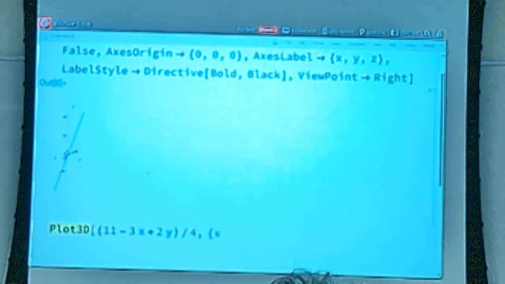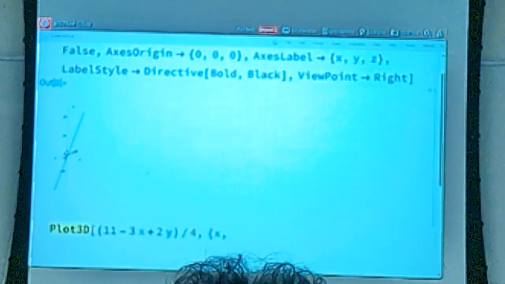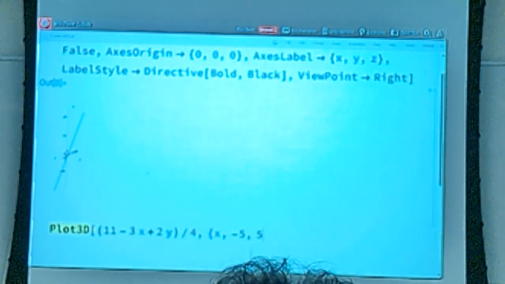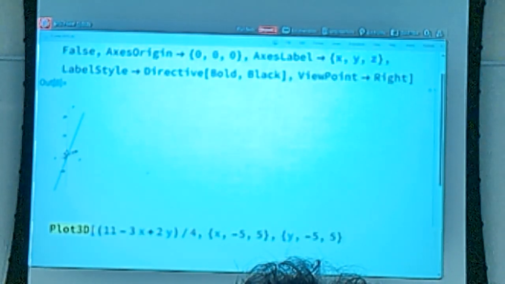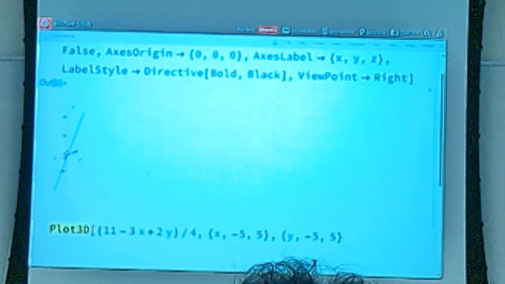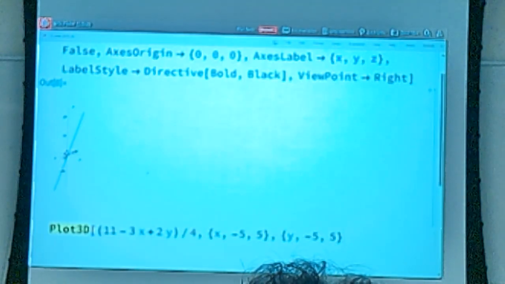Now I just need to put in a viewing window for x and y. And again, I think that's all I need.